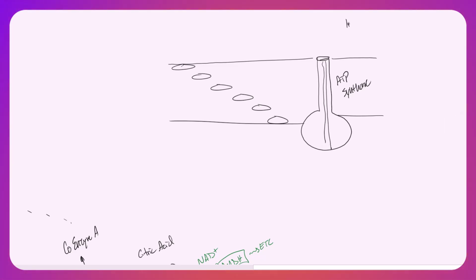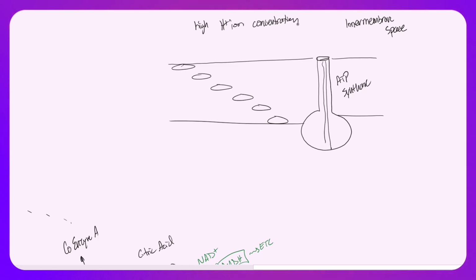This would be our inner membrane space, and this would be the space between the outer and inner membrane. This would also be the space in which the high H+ ion concentration would be maintained.